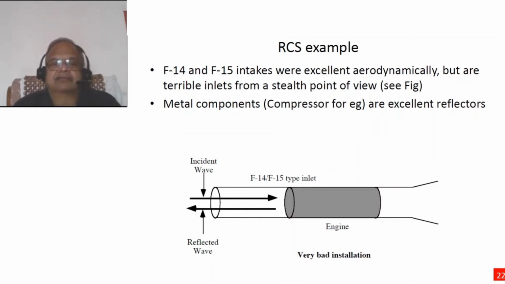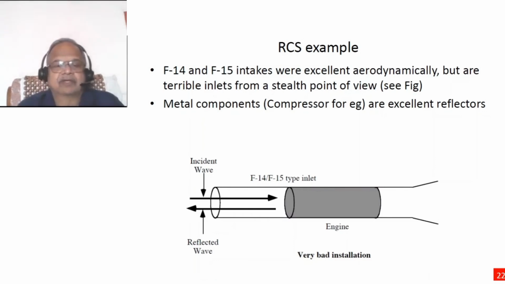So the intakes in F-14 and F-15 were excellent aerodynamically, but it was realized that from the stealth point of view they were not very efficient. The reason, as seen in the simple picture, where the darkened part is the engine, is that the first part of the engine which encounters the incoming radar waves is the compressor blades, and compressor blades being metal blades, they are excellent reflectors.